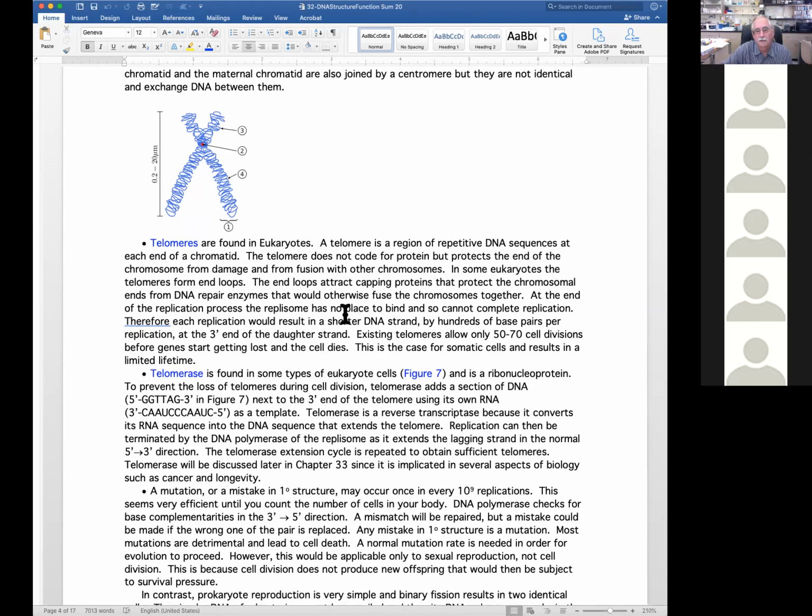And then they often are formed in loops, which attract capping proteins that protect the chromosome ends from DNA repair enzymes, all kinds of other things that could actually alter them. Because the purpose of asexual reproduction is to have two identical cells. Okay?